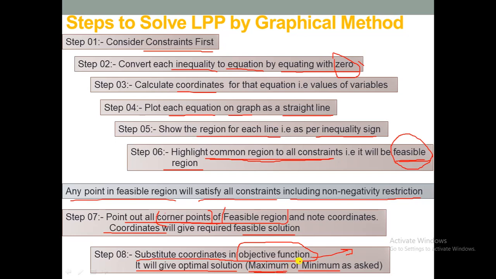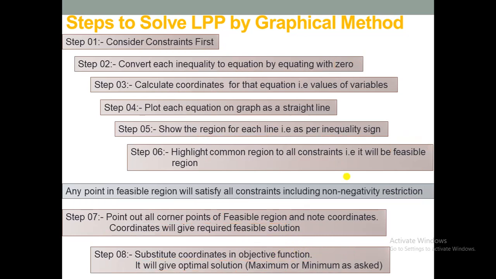Whenever we are considering the problem of investment, the problem of cost, at that time we have the objective function as minimization. So if it is minimization, we will select the minimum value from these obtained values. If your objective function is of maximization type, we will select the maximum value from our obtained solutions. So these are the common steps which are required to solve any type of graphical problem.